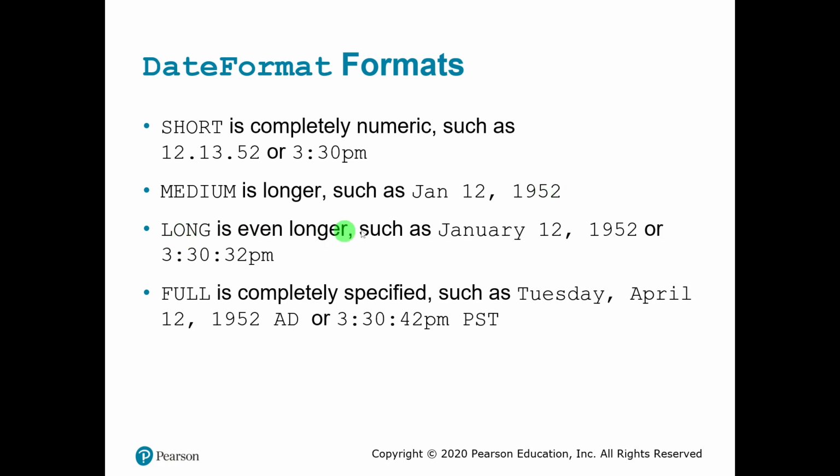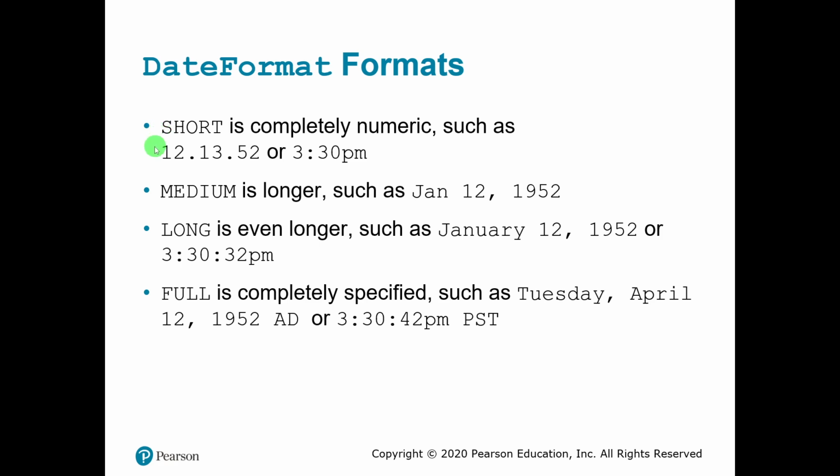Long is even longer. We get January spelled out in this version, January 12th, 1952. For time, we're getting 3:30, and we're getting the seconds thrown in there. And if we use the format full, we'll get the full thing. Tuesday, April 12th, 1952, Anno Domini AD. Or something like 3:30 and 42 seconds p.m. Pacific Standard Time. We're getting the time zone thrown in there. So it's a longer way to display those formats.